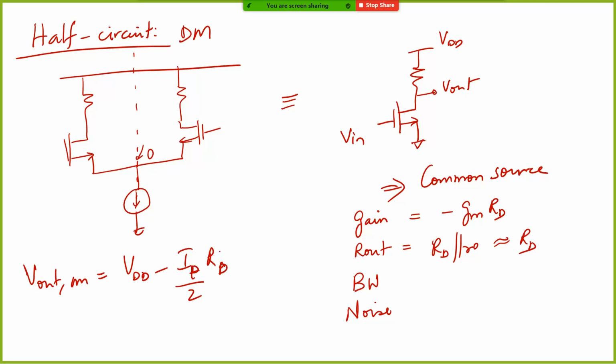So if you keep increasing RD, what will happen? V out common mode will keep coming down. That means there is very little voltage for your output to swing before your transistor goes out of saturation region, so your swing limits get crunched heavily.